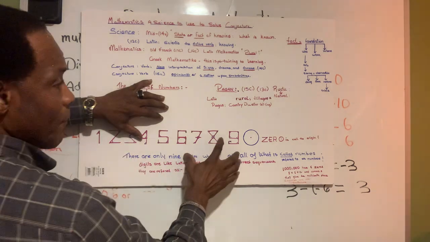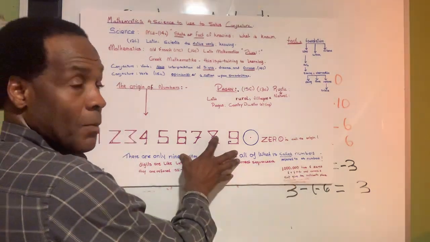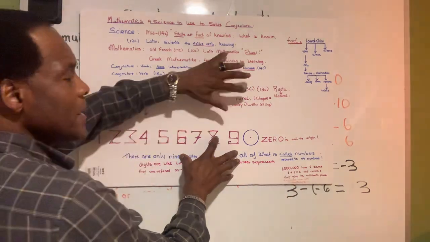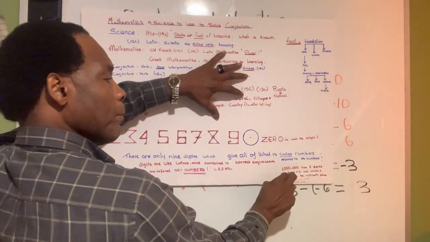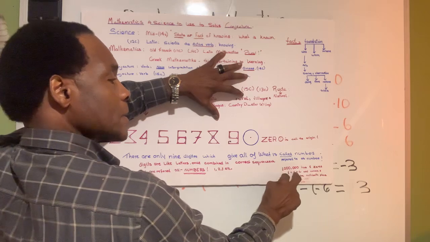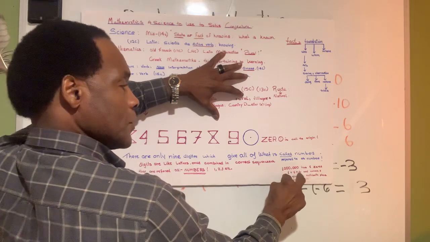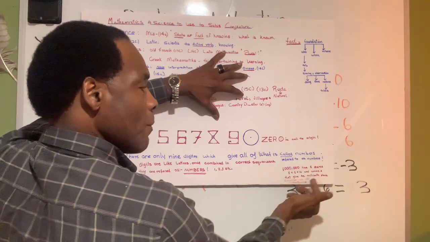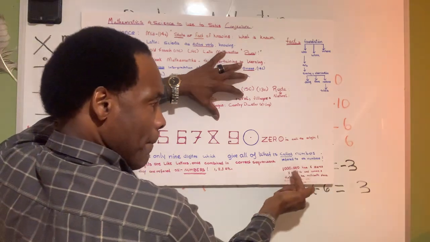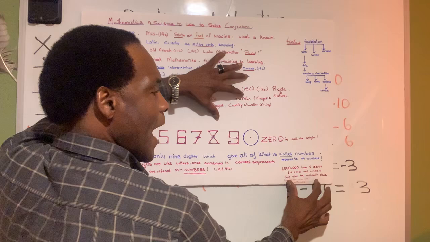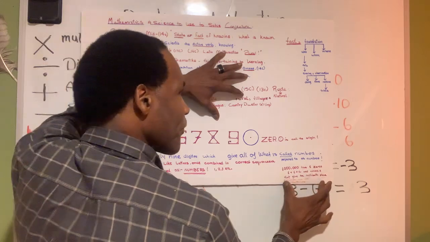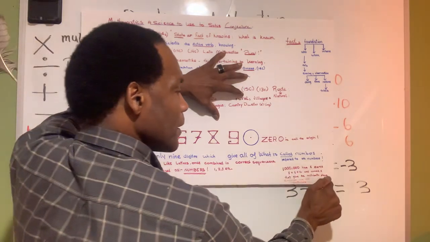Let me give you another way of looking at it. There's no millions. A million is 1 plus 6 zeros, with commas that put them in different places and place them in what is called a millionth place.